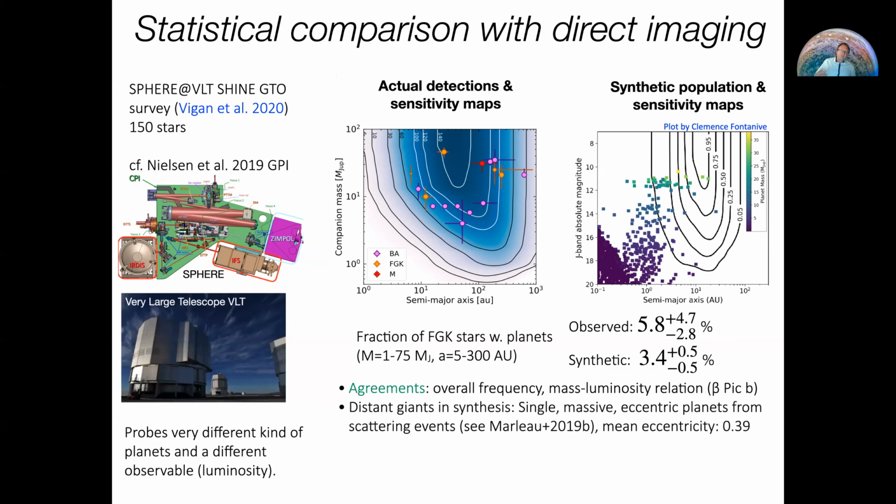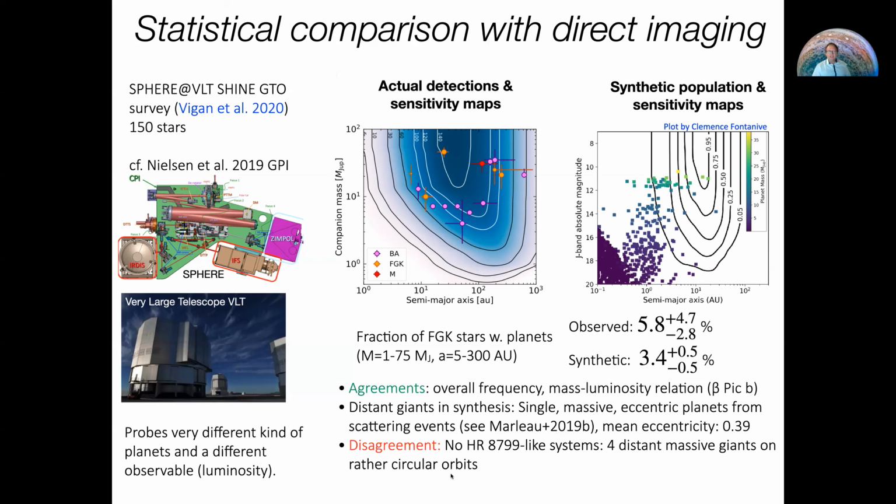Now, these distant giants in the synthetic systems were mostly from class 4 systems. So these are single massive eccentric planets from scattering events where sometimes there is another inner giant planet and the mean metallicity and eccentricity is pretty high. So while we have here maybe a similar frequency, we certainly cannot reproduce something like an HR 8799 like system with distant massive giants on not very eccentric orbits.